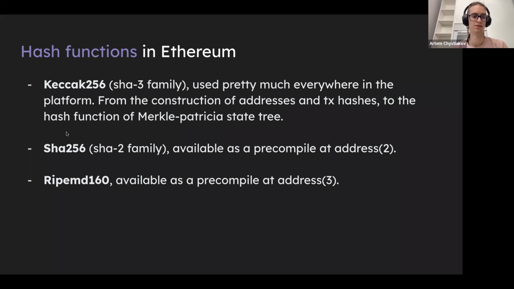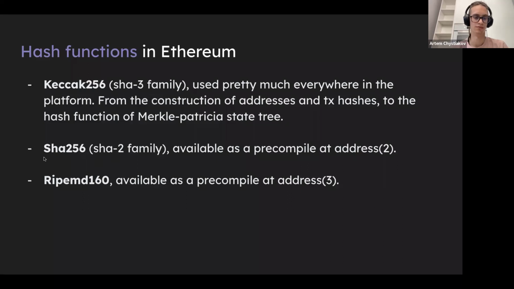Keccak-256 is directly available via the EVM. There is an opcode that can be used by a smart contract to directly call this hash function, and it is relatively cheap.